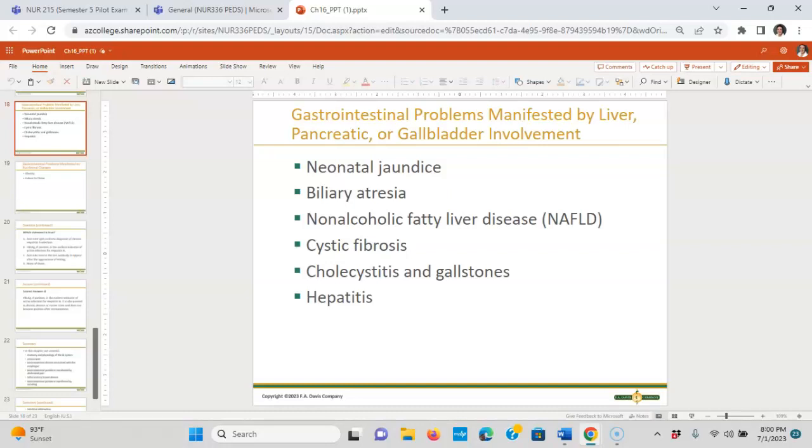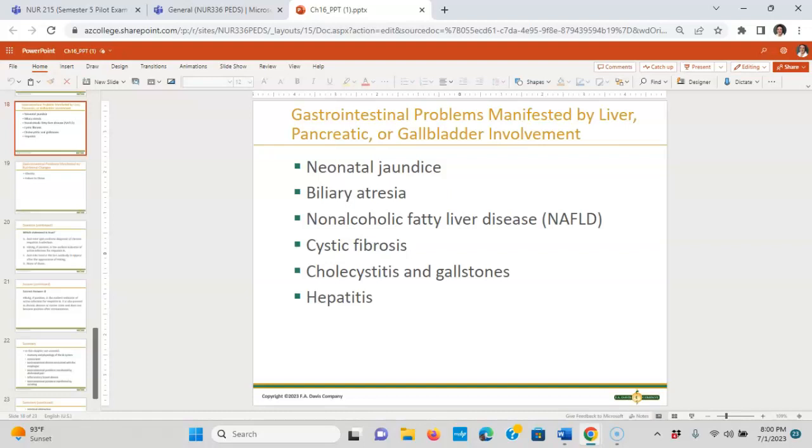Hepatitis, usually a viral infection or liver damage, inflammation of the liver. So Hep A is fecal oral contamination. Hep B and C are blood products. Hep B may be spread from the mother to the infant during delivery. A, B, and C could be asymptomatic.